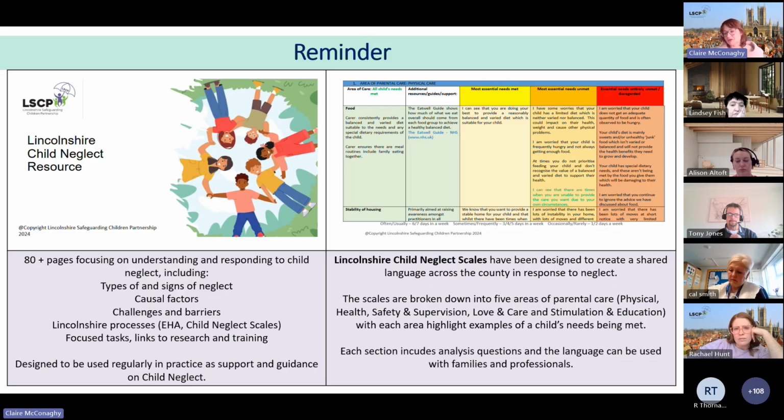There's a responding section with lots of useful links, including the training, policies relevant to that area of practice, and other services you could direct families to. It's a reminder of all those key areas of practice that touch upon child neglect, child development and child care.